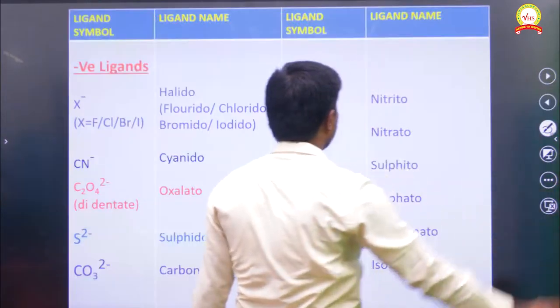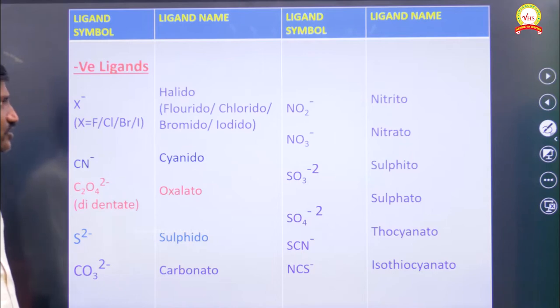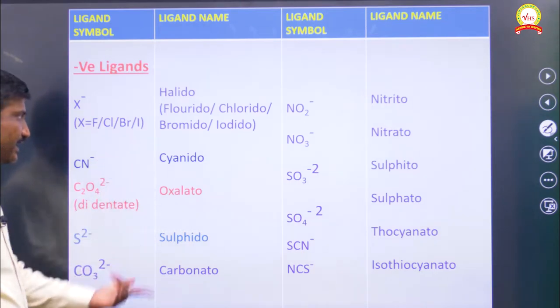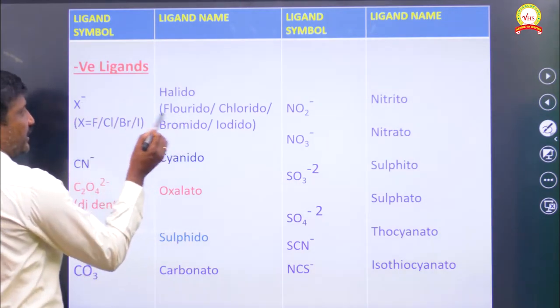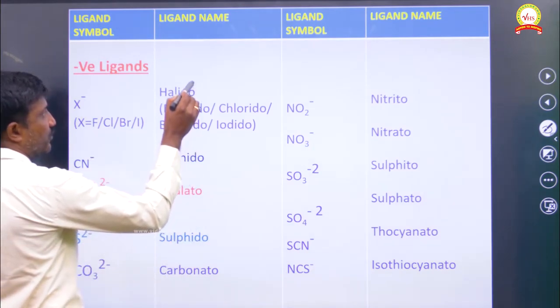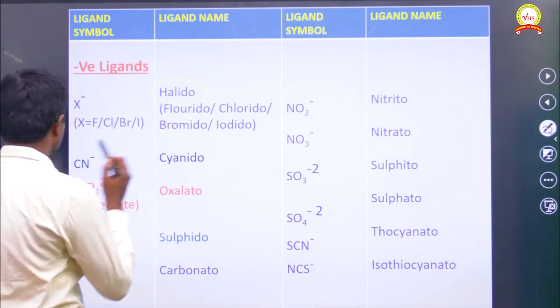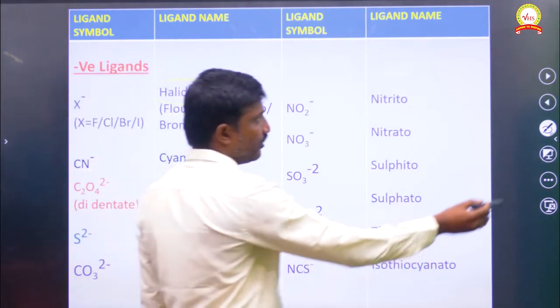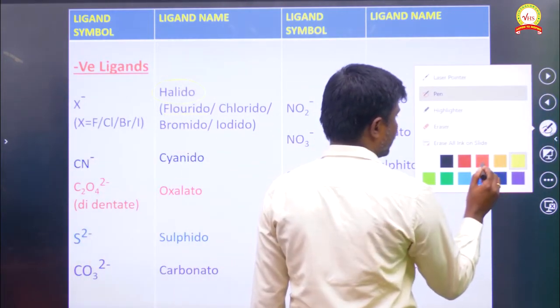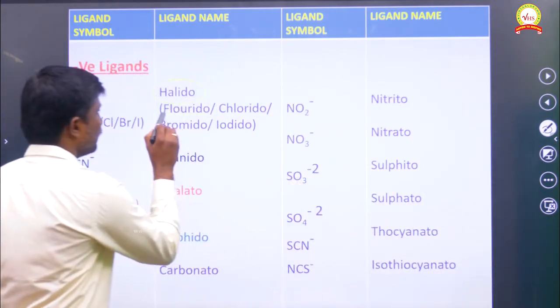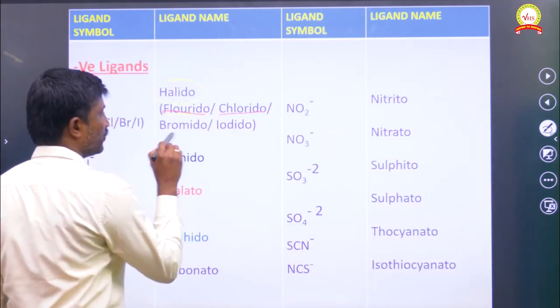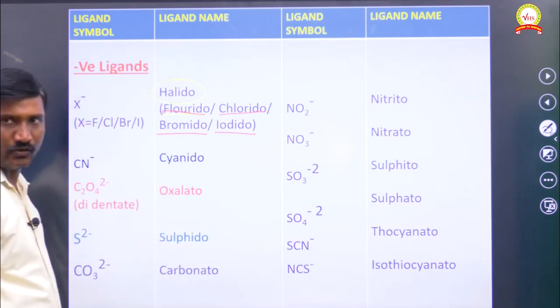Okay. So, here these are the different types of negative ligands. In these ligands, if any halogen is there, the name we give is halido, means fluorido, chlorido, bromido, iodido.